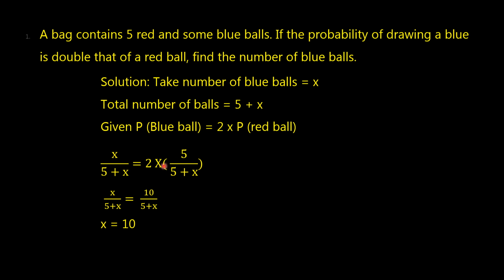Product of 2 by 1 and 5 by 5 plus x: product of numerators 2 times 5 is 10. So x by 5 plus x is equal to 10 by 5 plus x. You can cancel the denominator on both sides, so x is equal to 10. That means the number of blue balls we got is 10.